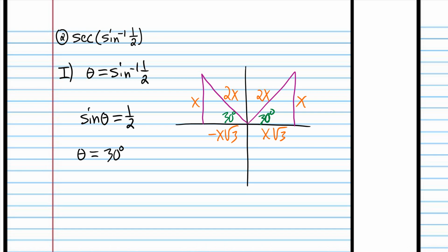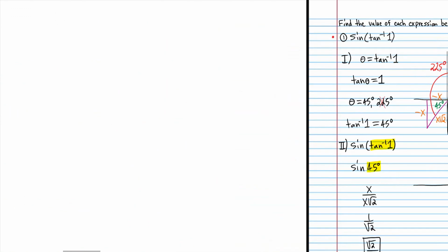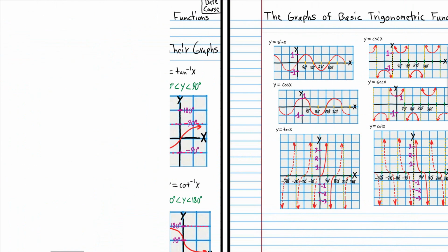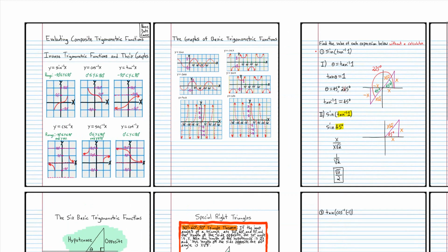That's the angle in the first quadrant, 30 degrees, but we also have an angle that terminates in the second quadrant, 150 degrees. But remember, sine inverse has range restrictions. If you look at those range restrictions, you see that the values of sine inverse can only be between negative 90 and positive 90.